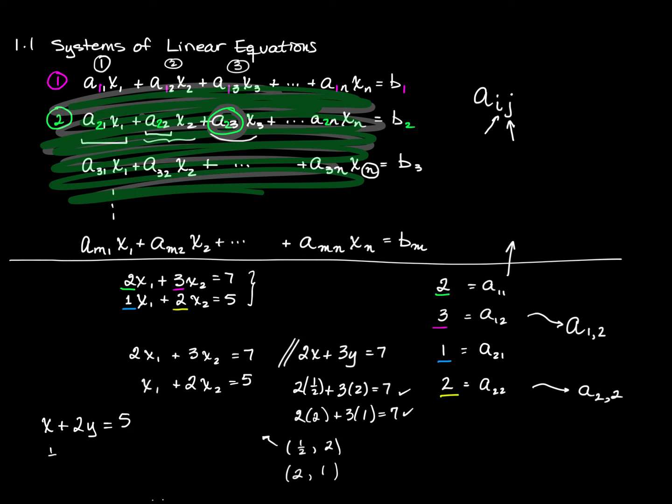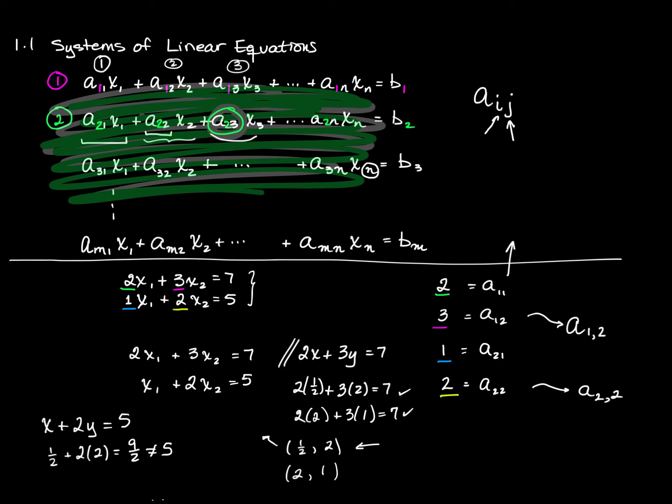If x is a half and y is 2, I get 1/2 plus 2 times 2, that's 4.5 or 9 halves. That is not 5. So this pair of numbers, 1/2 for x and 2 for y, works in one equation, but not the other.